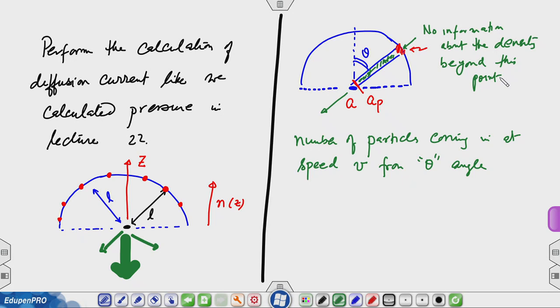And therefore, the number of particles coming in at speed v is going to be equal to n. Since density varies as a function of z, it is going to be n(z + L cosine theta). Let me show where L cosine theta is. This is L cosine of theta, times the velocity v times the area projection A projection.